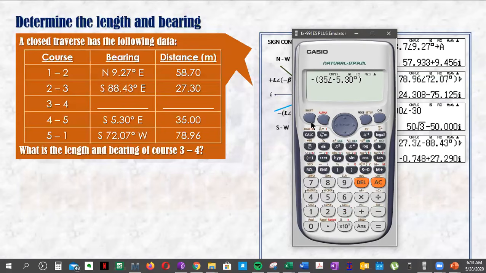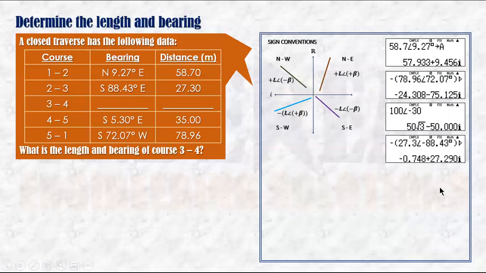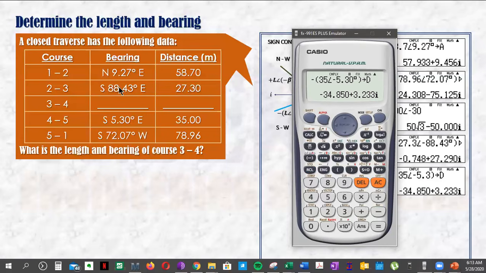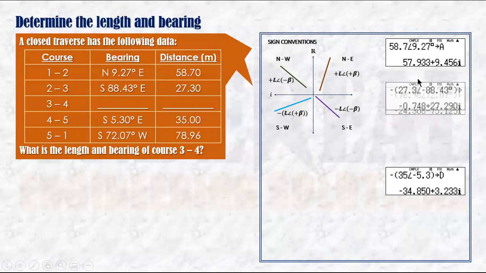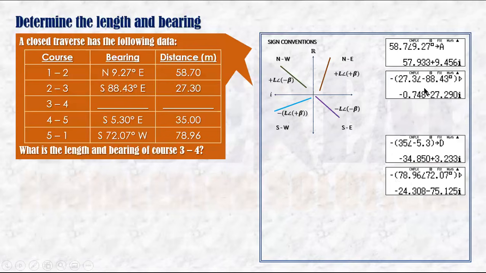I'm going to store this to D. So it's 34.85. Remember, I stored this to A, this to B, this to D, and this to E. I'll remove this one because it doesn't belong, and rearrange them. So A, B correspond to course 2-3, D corresponds to 4-5, and this one is 5-1.